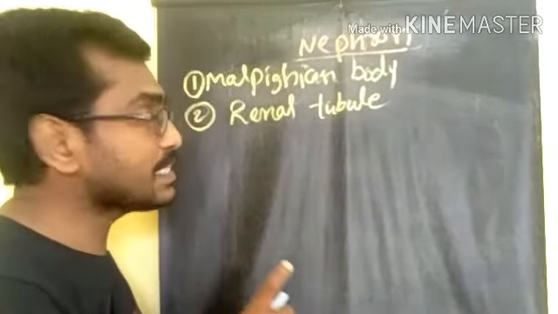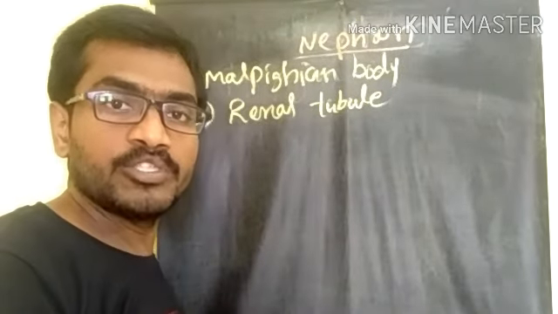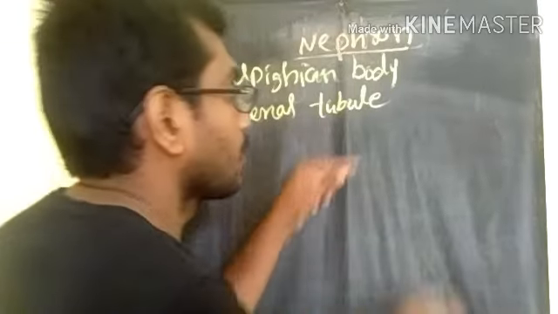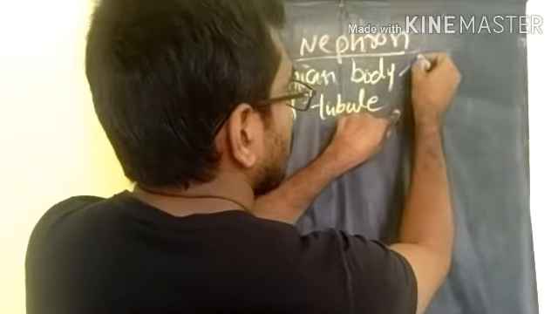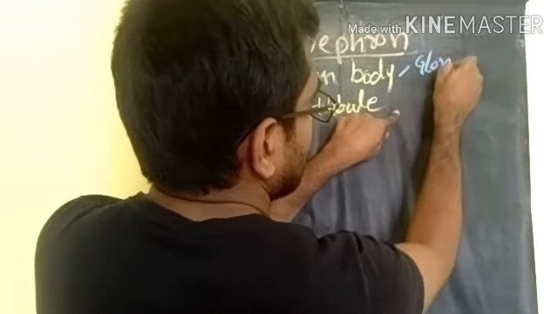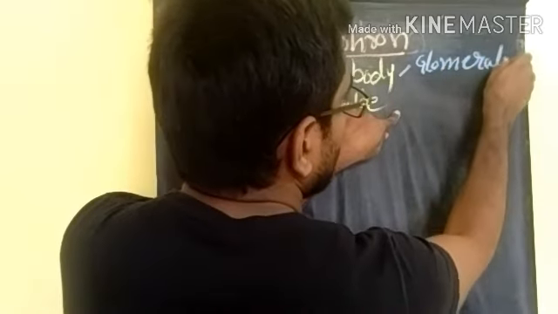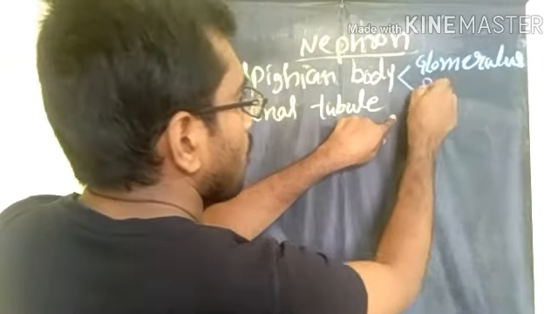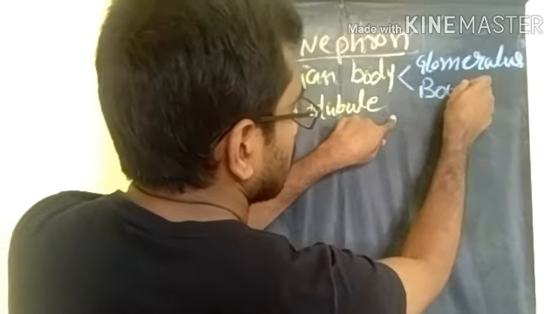This Malpighian body is composed of mainly two parts. One is the glomerulus. Another one is Bowman's capsule.